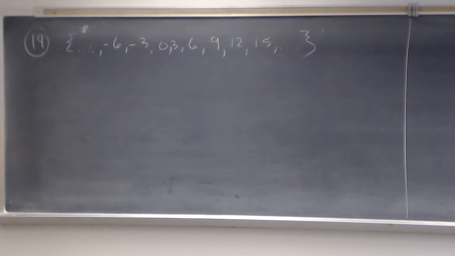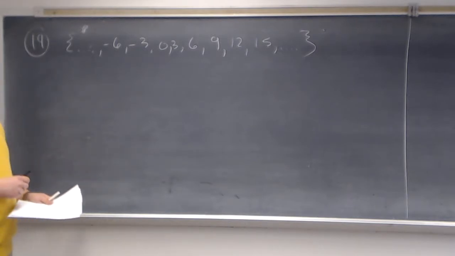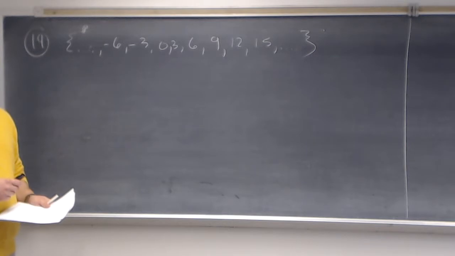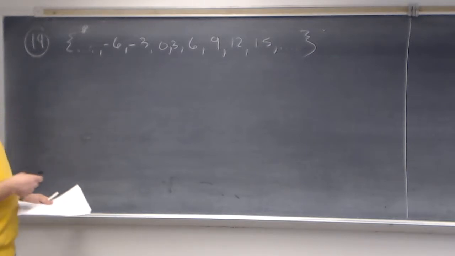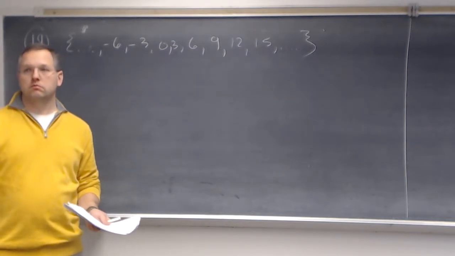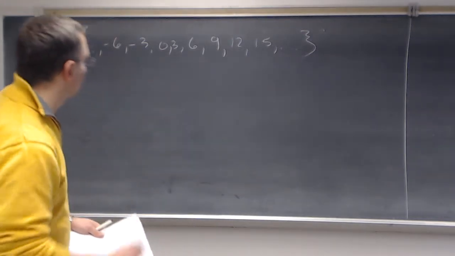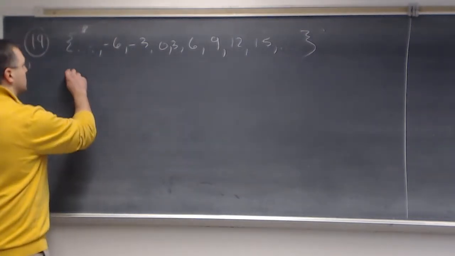That helps you rewrite it in set builder notation. If you can describe this in words, then you could probably convert it to set builder notation. They're integers, multiples of 3. So these are all the integer multiples of 3. You guys agree? So that would give us a way to write this in set builder notation.